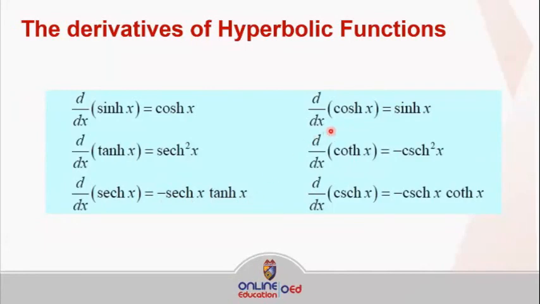And for the derivative ng cosh x is equal to sinh x. For the coth x, derivative nito is equivalent to negative csch squared x. And for the derivative of csch x is equal to negative csch x coth x.